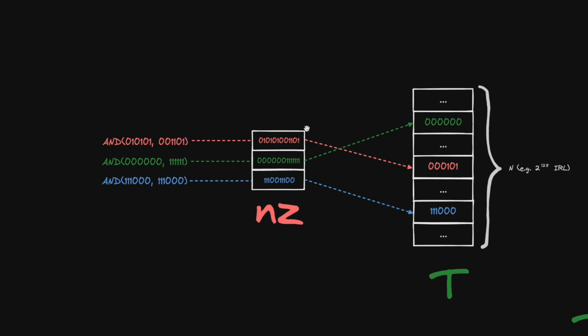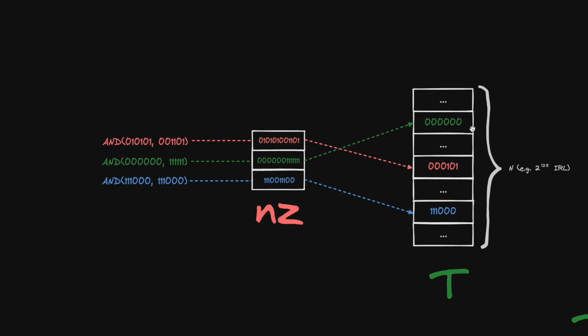And those NZ entries are being used to index into the big table T, where the table entry contains the output of the bitwise AND on the corresponding operands. For example, this second AND operation is operating over all zeros and all ones, and the output of that should be all zeros, which is in fact what's in the table T here. And recall that this table in practice would be really big, something like 2 to the 128 entries.